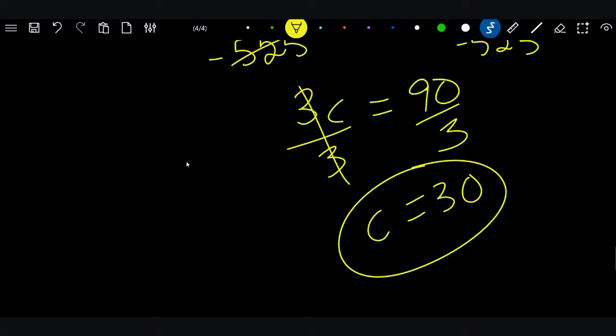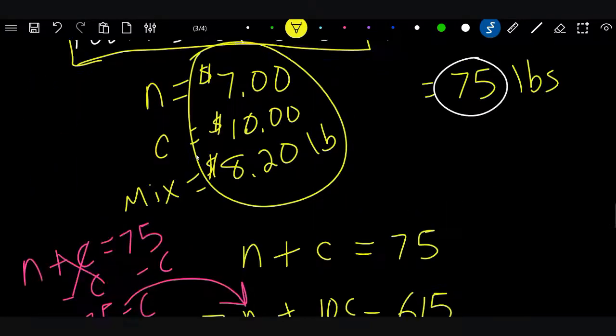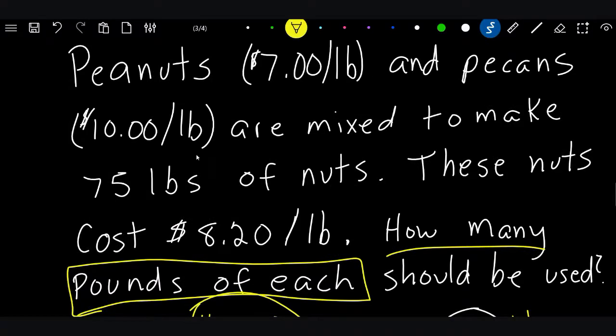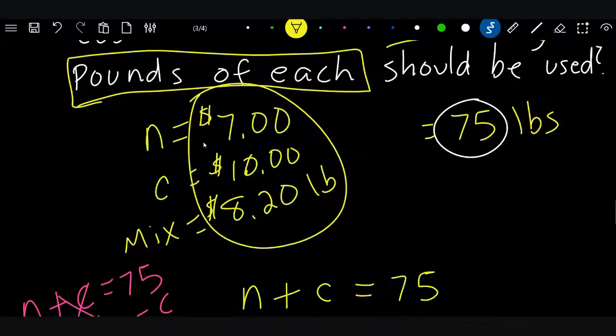So what is 30? Well, let's go back and figure out what was C. This is a big problem, so we got to go back and figure out what was C. Oh yeah, the pecans. That was C. Okay, that's where we wrote it down there. So this was peanuts, and this was pecans. All right.